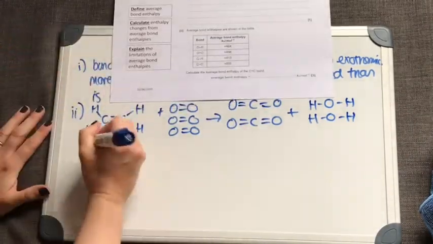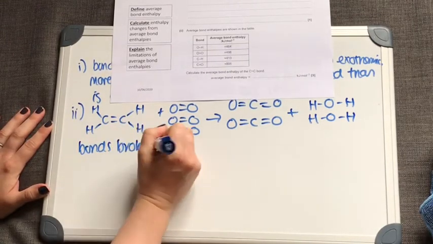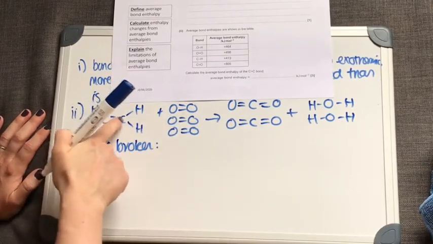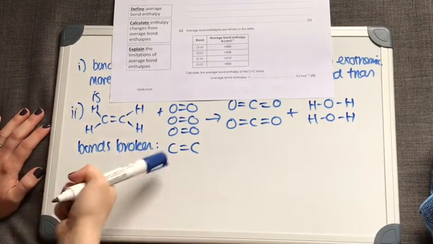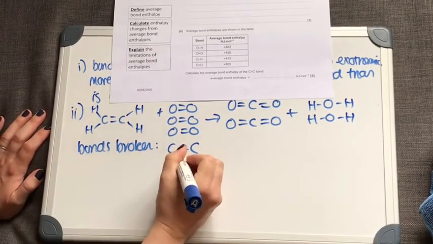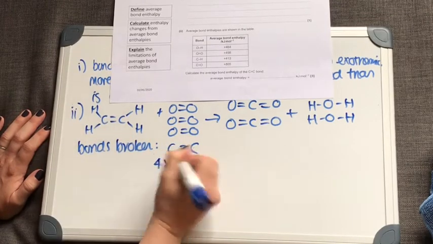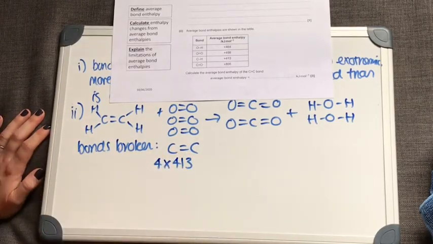Okay. So just like before, I work out my bonds broken, and this time it's this C double bond C that I don't know the bond enthalpy for, so I'm just going to leave that as it is. But I've got 4 of these CH bonds, which from the table have a bond enthalpy of plus 413.